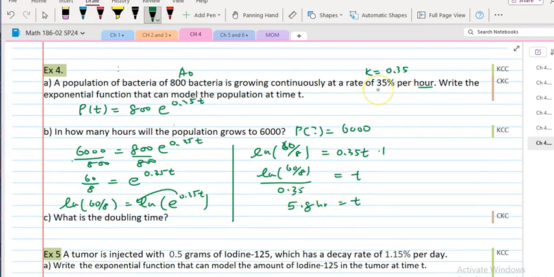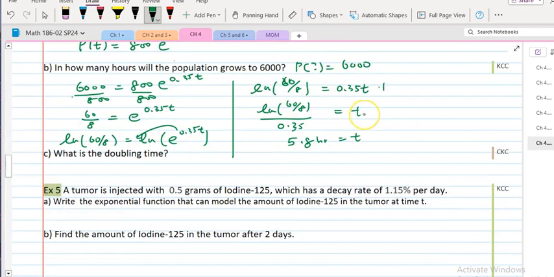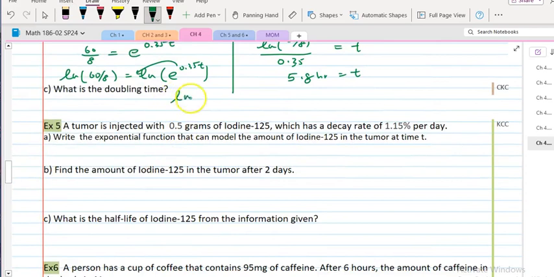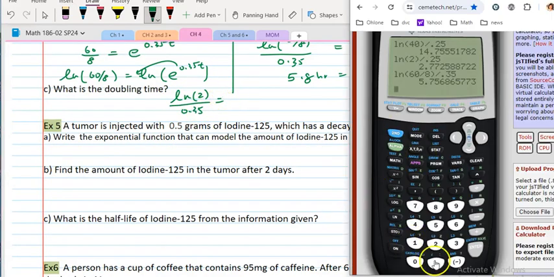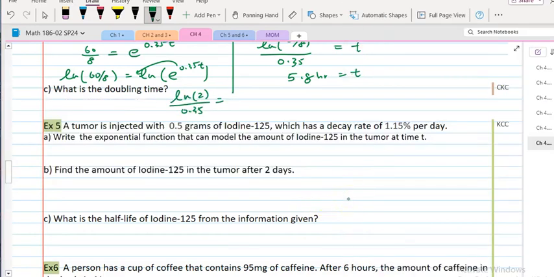So the unit is not years, but hours. What is the doubling time? We know K is 0.35, so the doubling time will be ln 2 over 0.35. That should be very quick, right? Maybe around 2. ln 2 divided by 0.35 is 1.98.